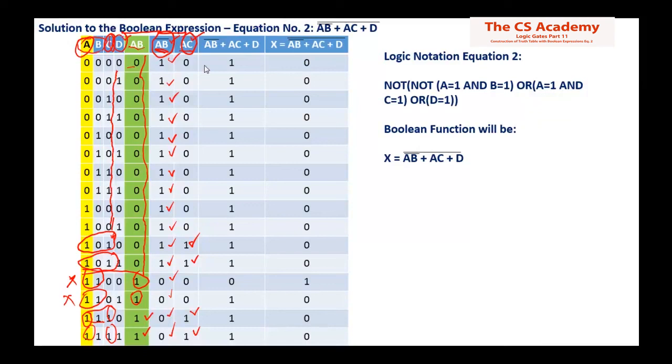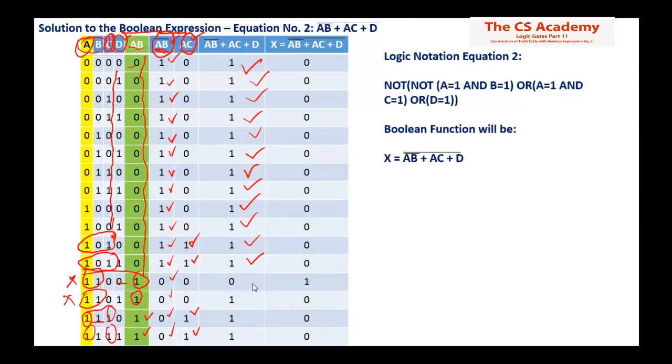So you want 1. That means in any of the cases, if there is a 1, the result is 1. The first value is 1, it is okay. The second value is 1, (AB)' is 1, again (AB)' is 1, again and again 1, and the last value also AB is 1. We are focusing on (AB)', right? And now see that (AB)' is 0, AC is 0, and D is 0, sorry, D is 0.